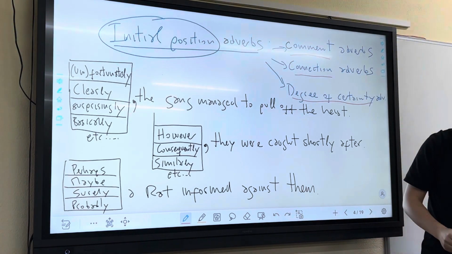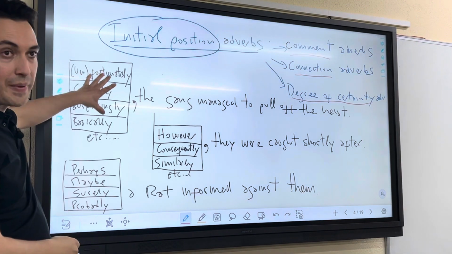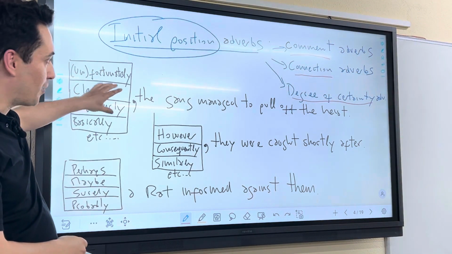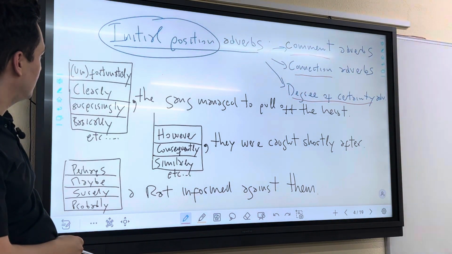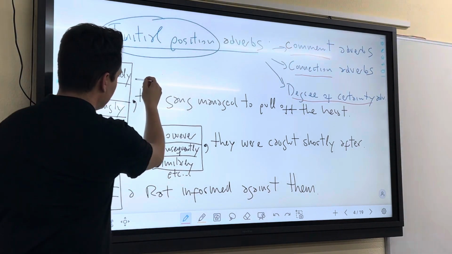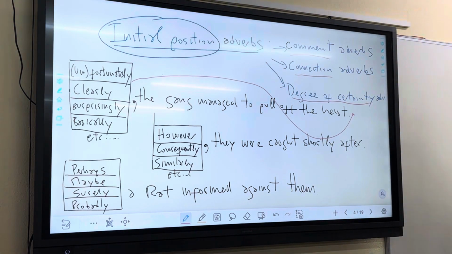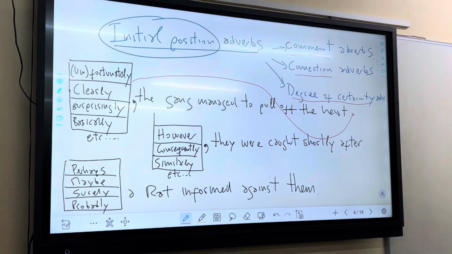Okay. So this type of adverbs, the comment adverbs, typically they go at the beginning. Can they go somewhere else? Can they go at the end? Is it possible? The gang managed to pull off the heist, unfortunately. Yes, it's possible, but it's not the most natural position for them.